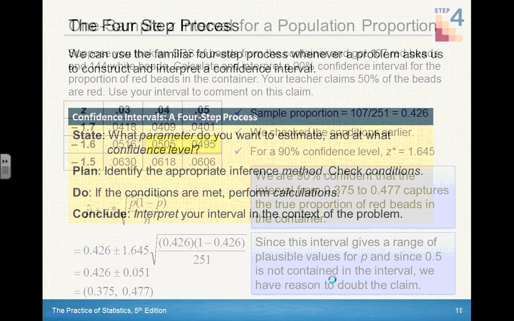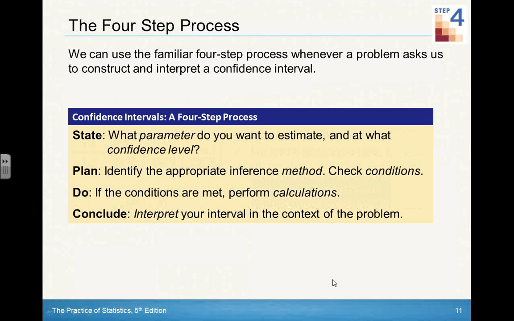So let's talk about this with the four-step process and how we would apply that to this problem. State the problem. Well, the problem is we've got to figure out which parameter we're trying to estimate, whether it's a proportion problem or a means problem, and what confidence level we're looking at, 90%, 95%, whatever it is. When I plan, I've got to identify how I'm going to do this problem and check the conditions.